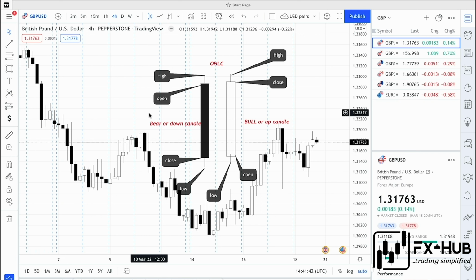For me, I prefer using the candlestick chart. It has enough information. Likewise the bar chart, but on the line chart you only get the closing price of the day or the time frame or the range in which you are currently situated.